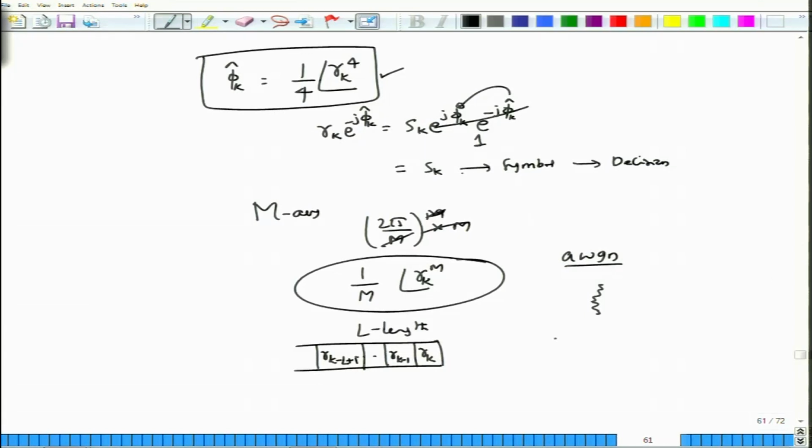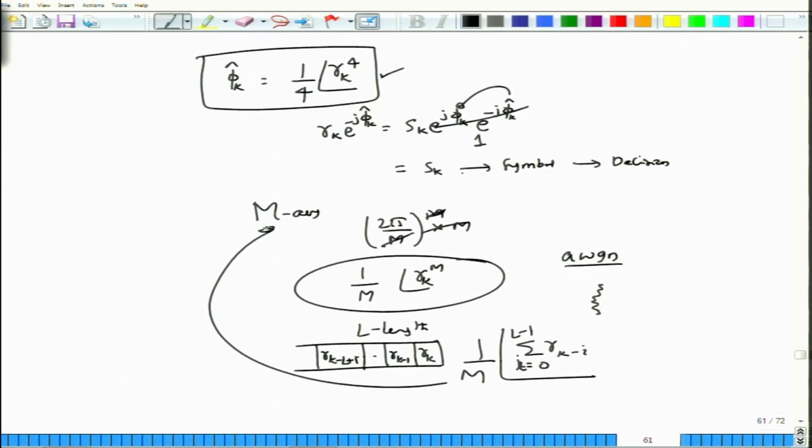All you have to do is take the average of Rk minus i, where i goes from 0 to L minus 1. Then you take the argument and divide it by M, M being the M-ary phase system you are looking at. This way you can reduce the effect of noise by a simple averaging process.